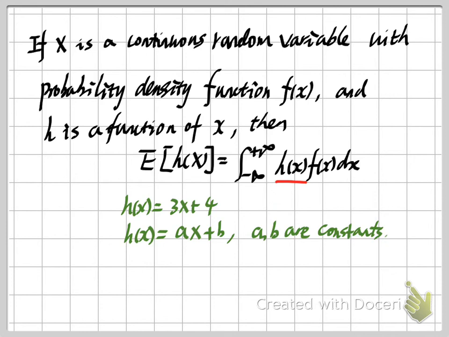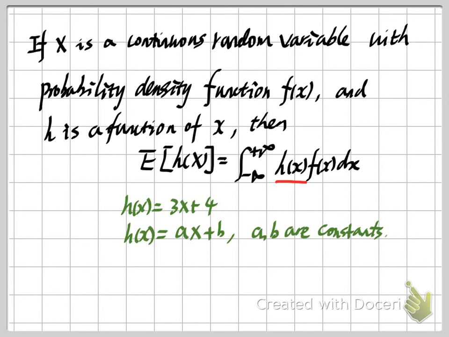So this property helps us compute or rewrite things in terms of X. If we have the mean of X, then think about the mean of 3X.